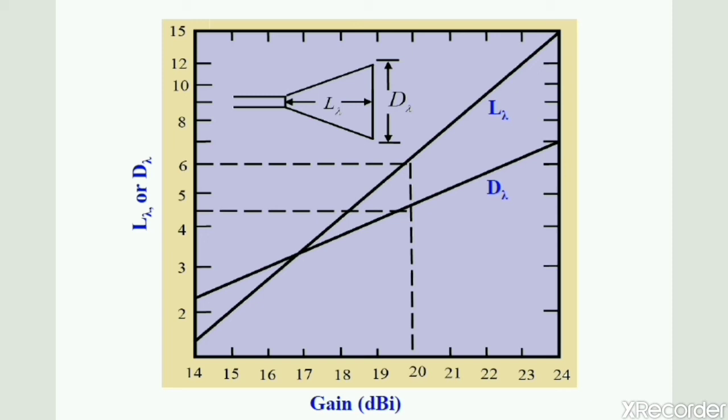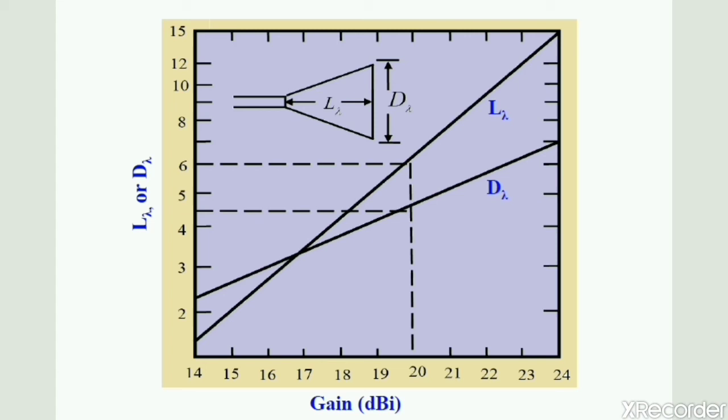As we increase the diameter of the aperture from about 2 to 6, there is a sudden increase in the gain, up to 24 decibels. So we can say that the gain of the conical horn antenna mostly depends upon the diameter of the aperture as compared to the axial length of the antenna.